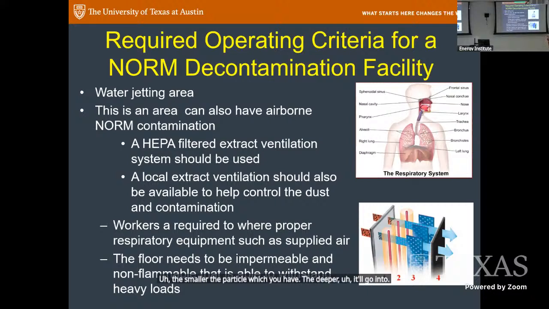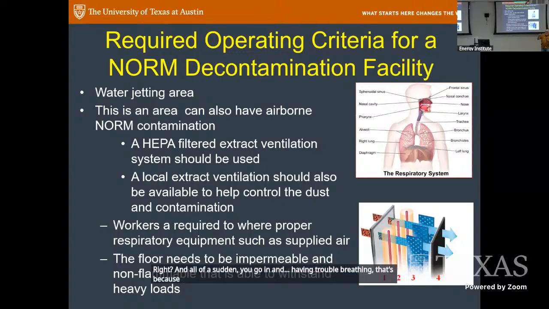So anything which is 2 microns or less goes deep into your lung. That's why if you ever went to a bar where people were smoking, although it doesn't happen too often these days, and all of a sudden you're having trouble breathing, that's because all the smoke particles are less than a micron. They're about 600 or 700 nanometers, and they go very deep into your lungs.